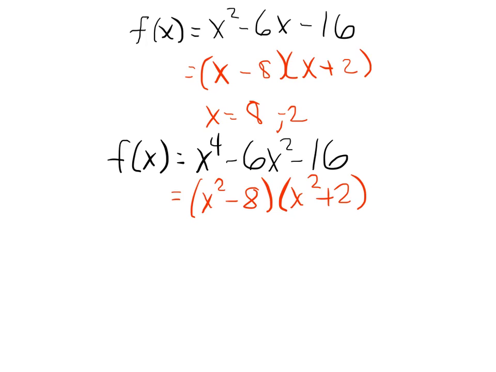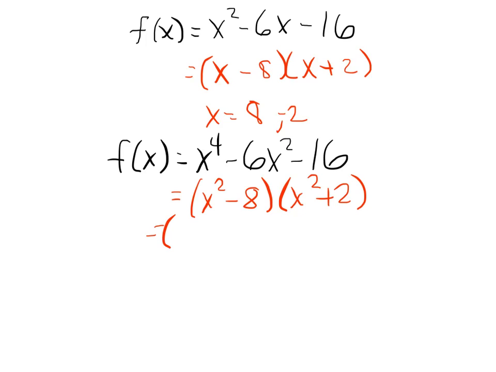And now if I'm including irrational numbers as well as imaginary numbers, I can factor this further. The factor x squared minus 8 is irreducible over the rational numbers, and x squared plus 2 is irreducible, or non-factorable, over the real numbers. But now everything's fair game, so I can actually factor this further.